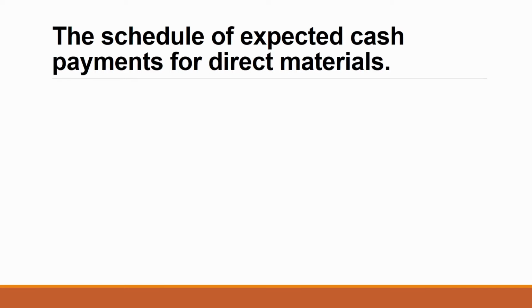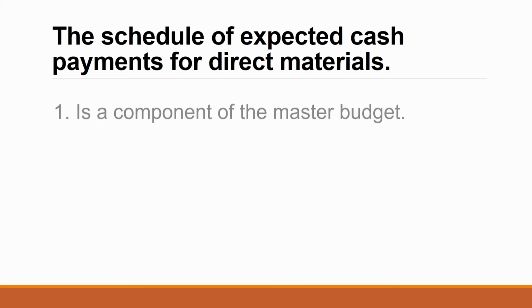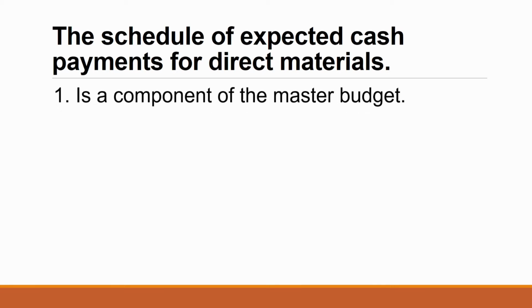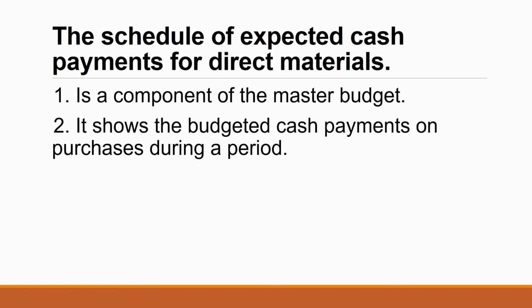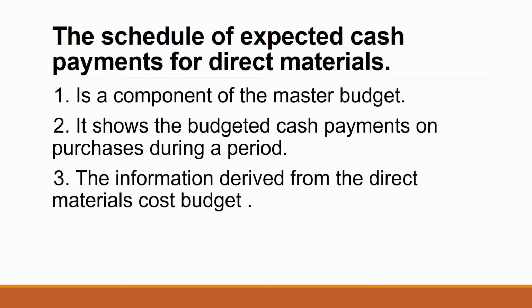The schedule of expected cash payment for direct materials is also a component of the master budget. Number 2, it shows the budgeted cash payments on purchases during a period. Number 3, the information is derived from the direct materials cost budget.